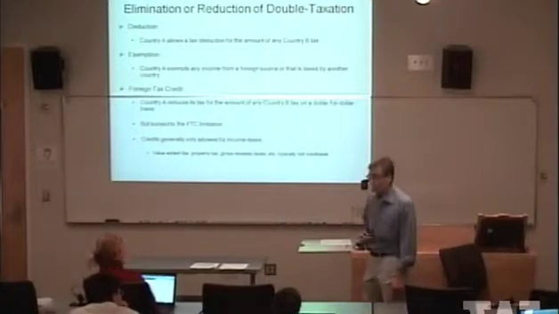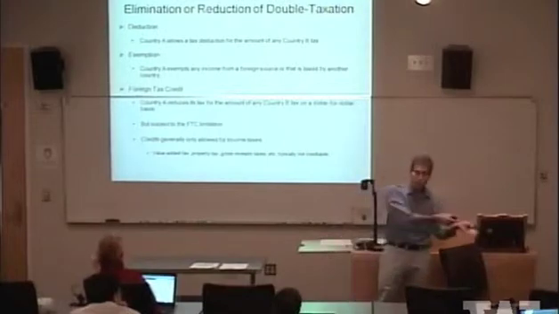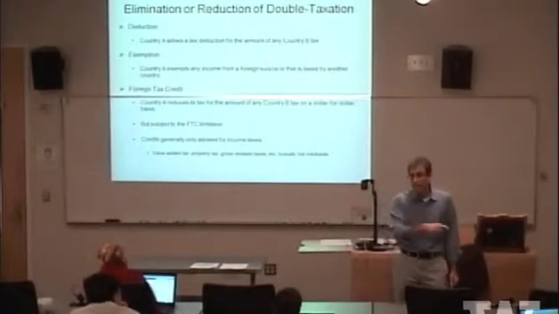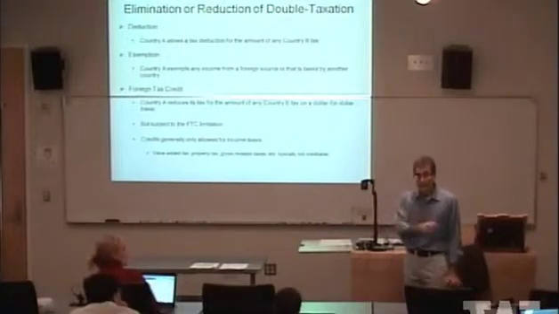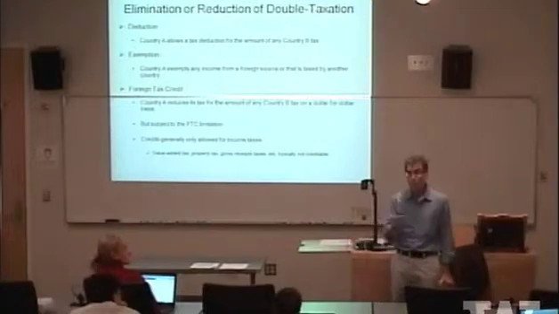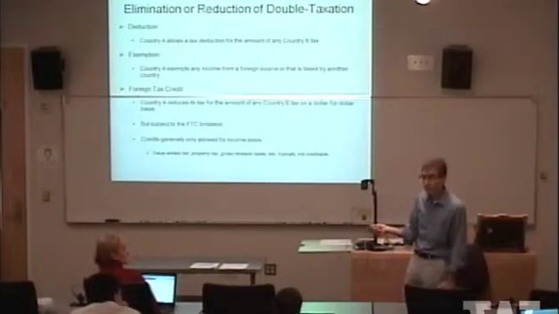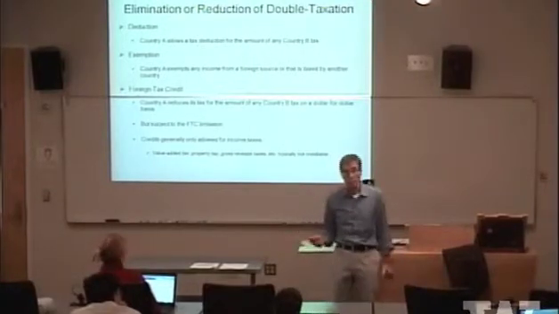I don't know what the rules are today, but it used to be that the carry forward period or the carry back period for operating losses, net operating losses, was a lot more liberal than the carry back and carry forward period for foreign tax credits. Now maybe it's still that way, I'm not sure.